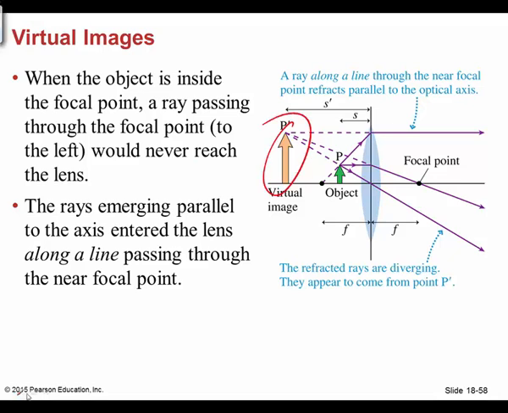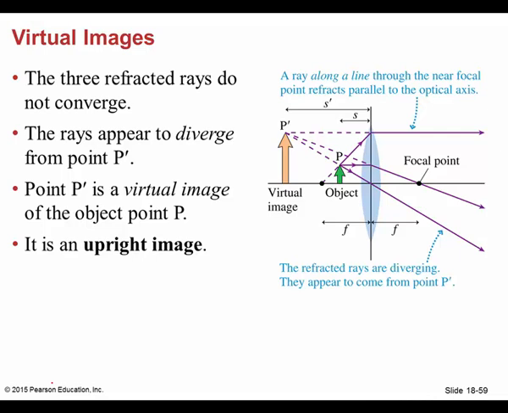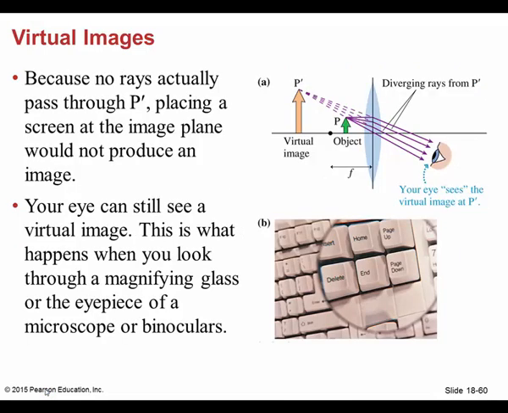Notice the 3 rays, 1, 2, 3. They show us where our actual image should be, okay? And again, we'll do some of these when we work on the problems, at least 1, maybe 2. The 3 refracted rays do not converge, therefore they diverge, and this tells us it's a virtual image, but the image is upright, so the magnification should be positive when you do the calculations.